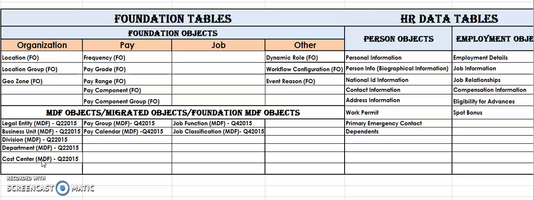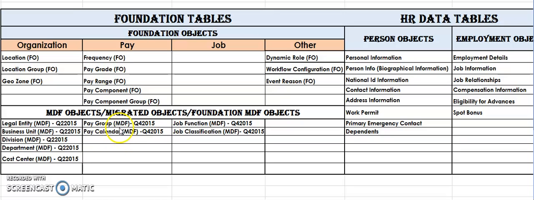And the next is the pay group. The next two pay-related MDF objects are pay group and pay calendar. Pay group depends on the frequency and the payment date. Generally, these two, pay group and pay calendar, are related to EC payroll.